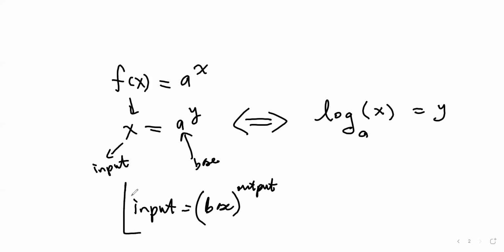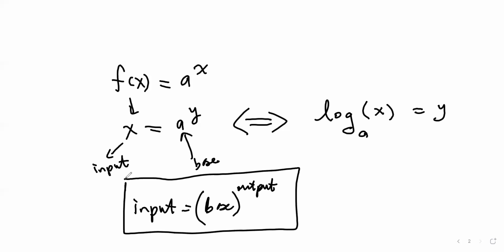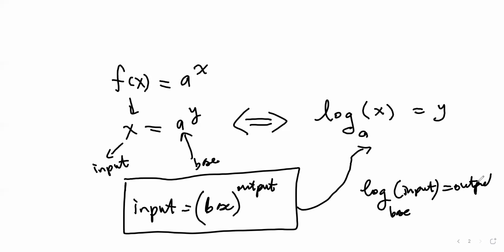So whenever we have an exponential function, we always have this form, and this form can be converted to this form, and I'll write it like this: log, and we put the base number here, we put the input here, and the output is here. So I can go back and forth.